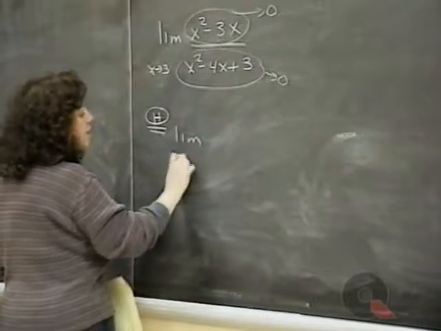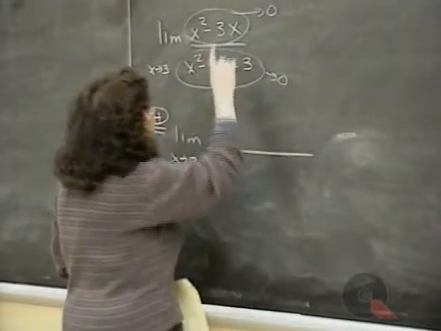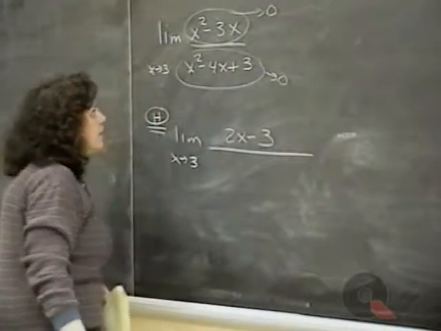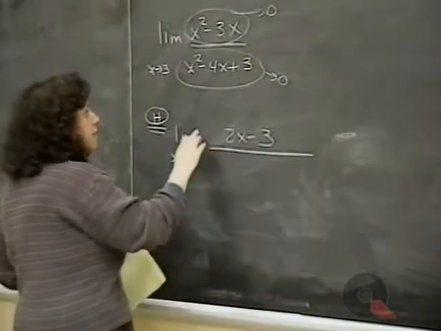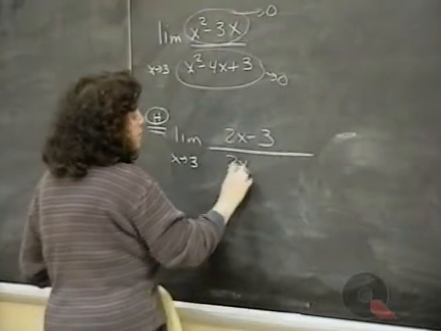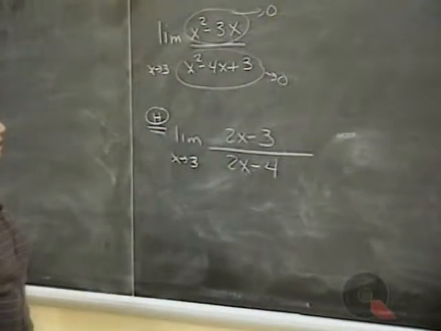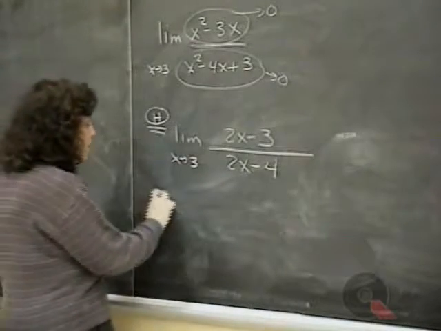We're going to take the derivative of the top, which is 2x minus 3, and divide by the derivative of the bottom, which is 2x minus 4, and try to evaluate this limit. It turns out this limit can be evaluated by substitution.